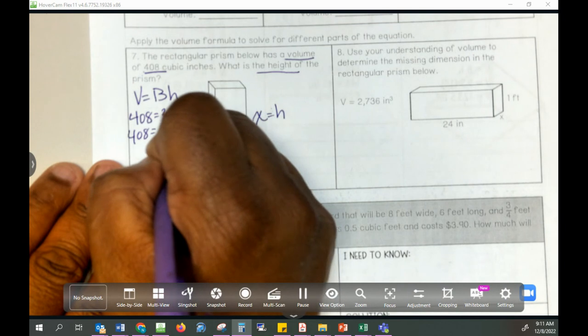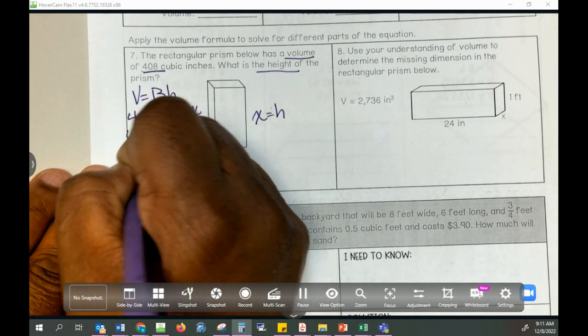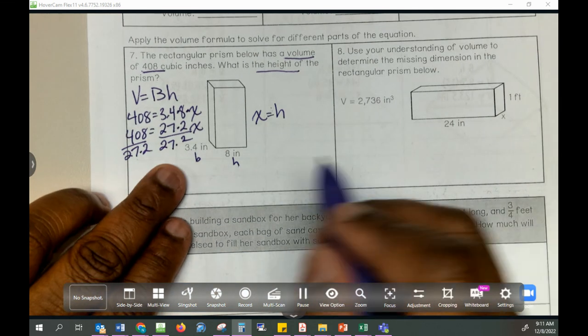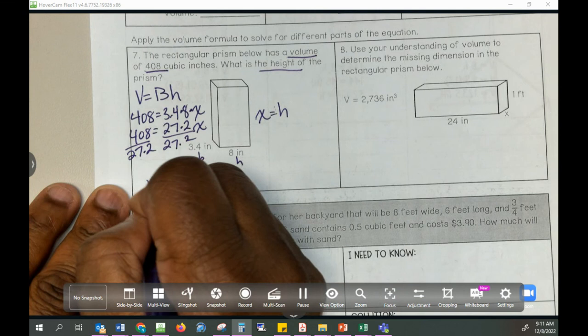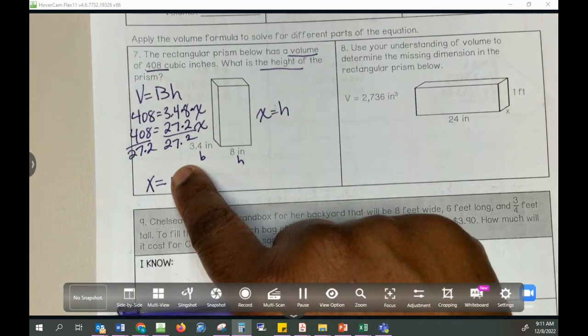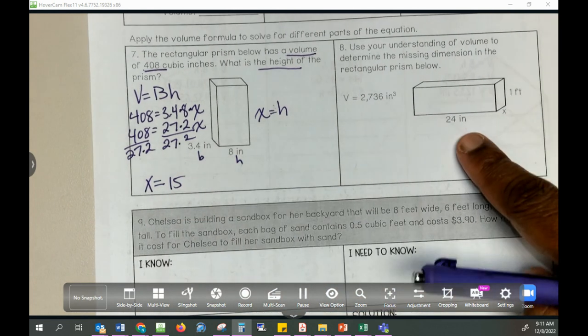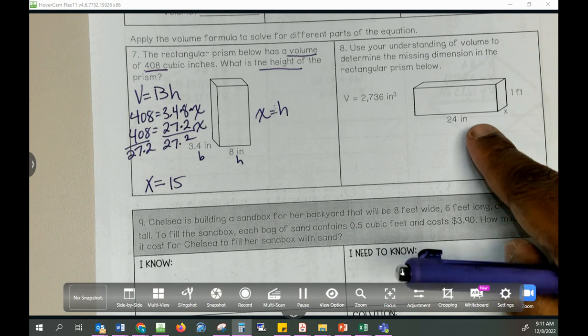I need to divide by 27.2 on both sides so that I can find my x. And when I do that, I should get x is equal to 15. Is that what you got for those that already moved on to this? Awesome. So it turns back into an equation. And if you notice, the next one is doing the very same thing. So go ahead and try that one for yourself.